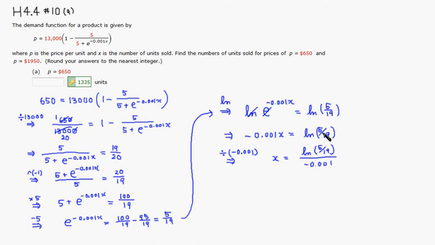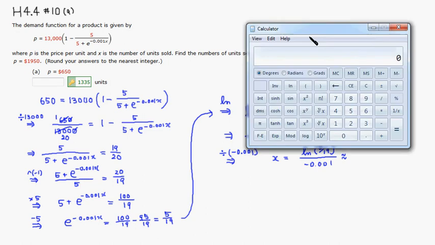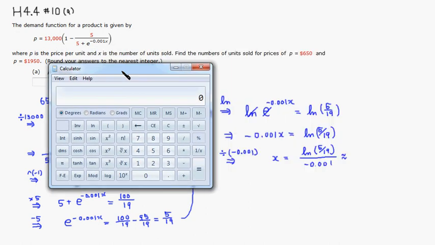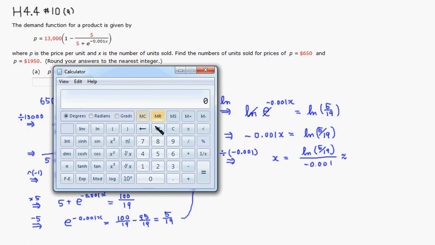I cannot do this in my head, so I'm going to pull out a calculator. I do 5 divided by 19, take the natural log of that, then divide by negative 0.001.